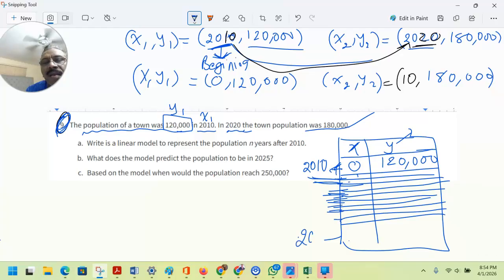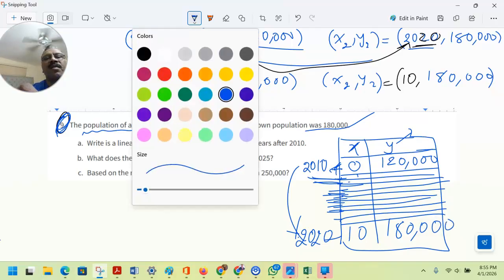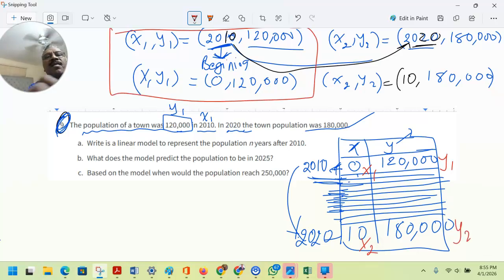The main thing I'm trying to say is in 2020, that means 10 years have passed by. So I put 10 here and it became 180,000. So that way it becomes easier to understand. So this piece is your x1 and this is your y1, this is x2 and this is y2. So if you understand, that's good, but you can make a table out of this also.